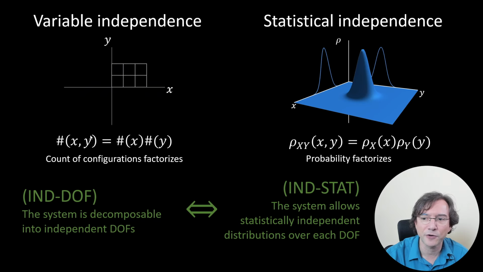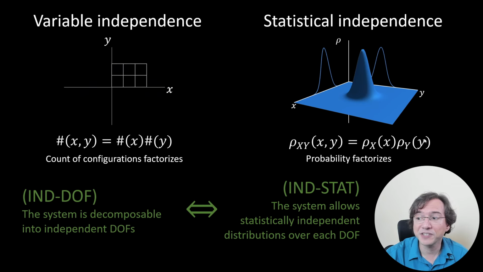The total number of configurations in x and y is the number of configurations of x times the number of configurations of y. Now, in statistical independence, something like that happens when the probability factorizes. So the probability of finding x and y is the probability of x times the probability of y.